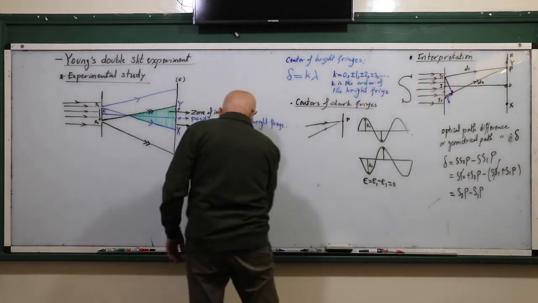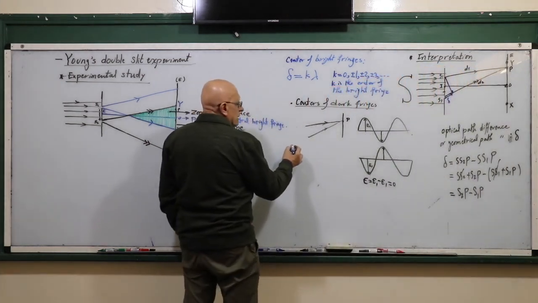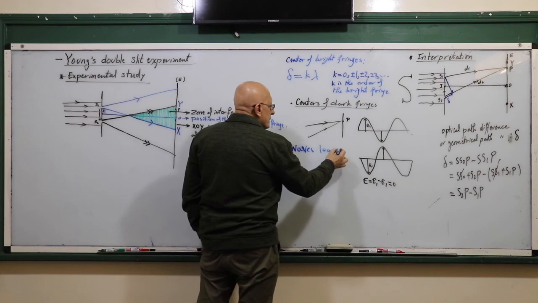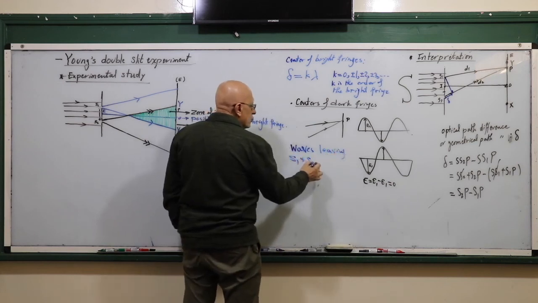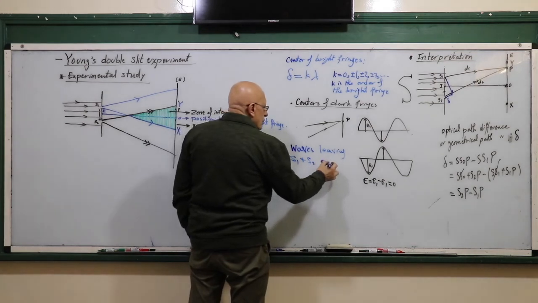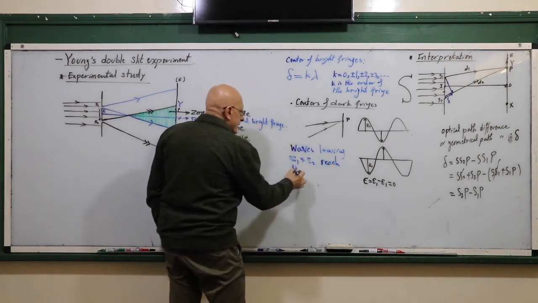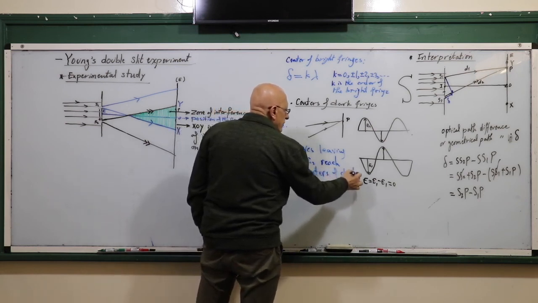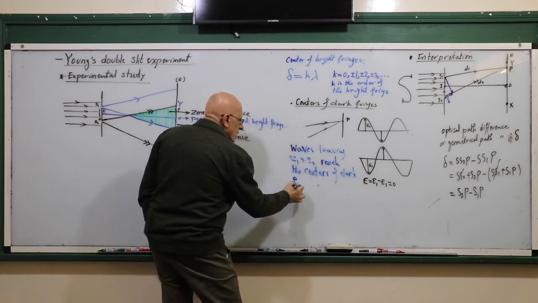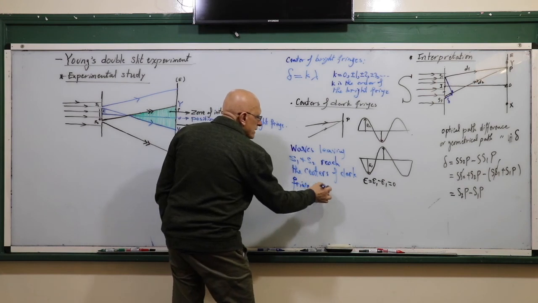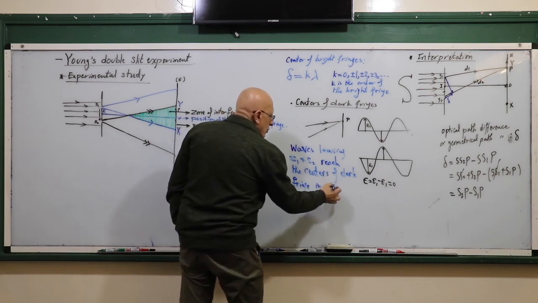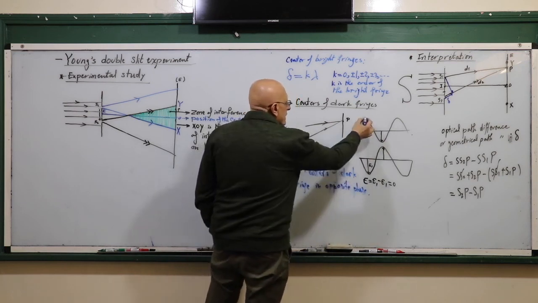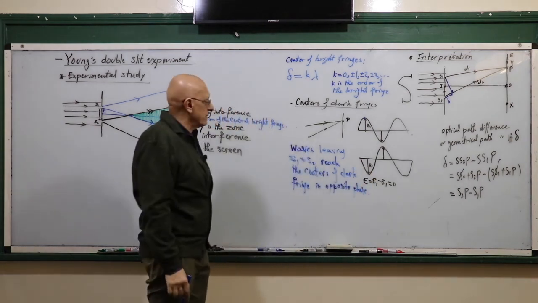Okay, so waves leaving S1 and S2 reach the centers of dark fringe in opposite phase. Opposite phase means like this. One is maximum, the second is minimum. So they cancel each other.